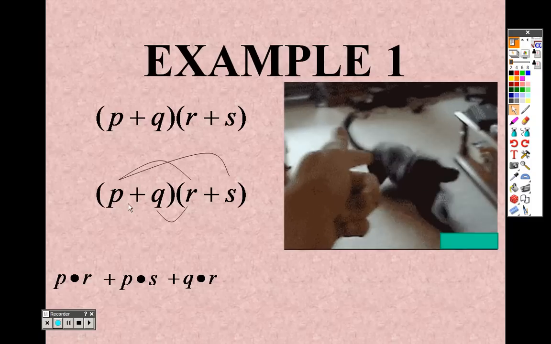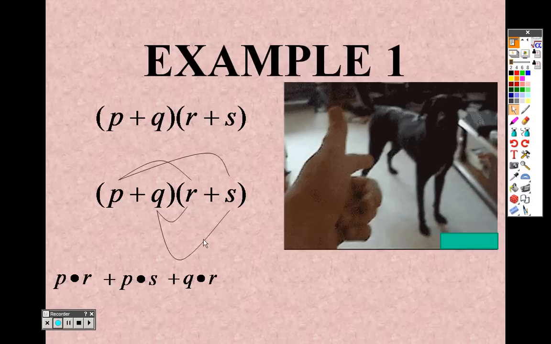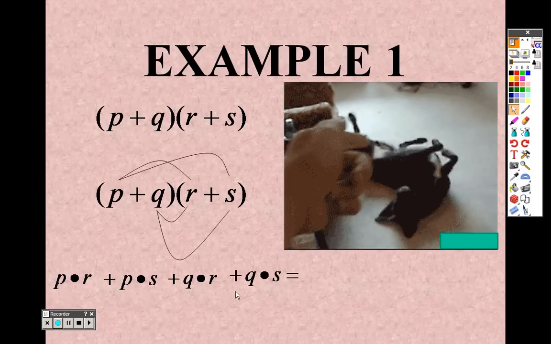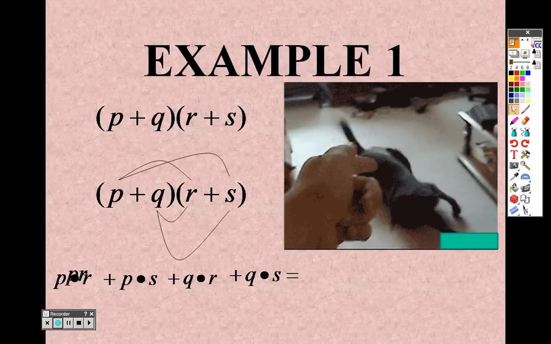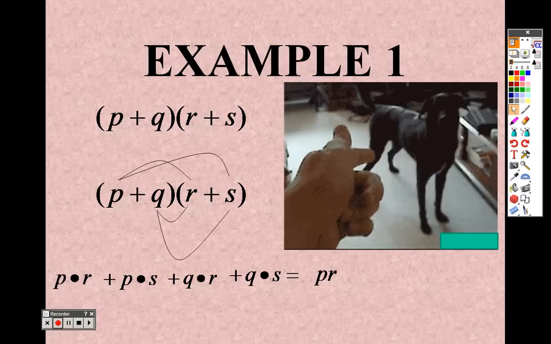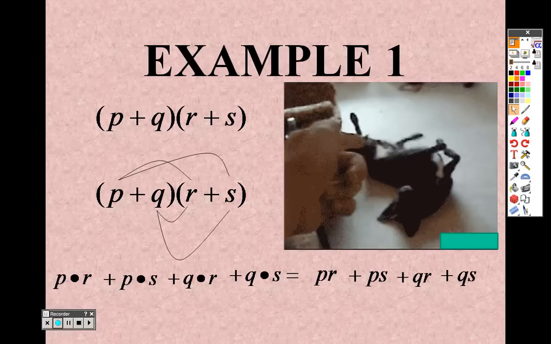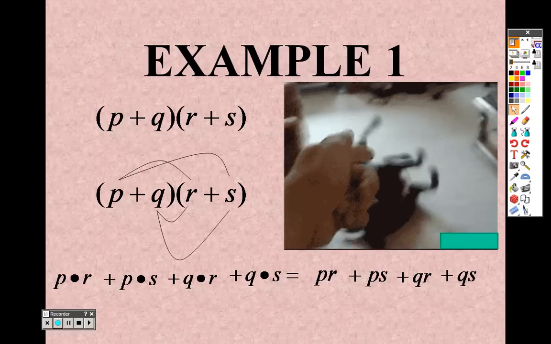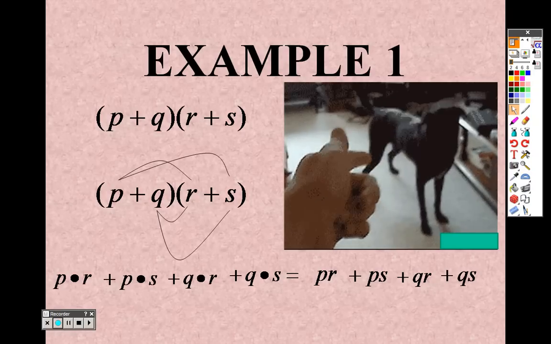Because this was positive, I have a plus sign there. And Q times S is QS, so I add them together as well. So, just taking out all the multiplication signs, I have PR, PS, QR, and QS. And I have them all added together. And there's your answer.